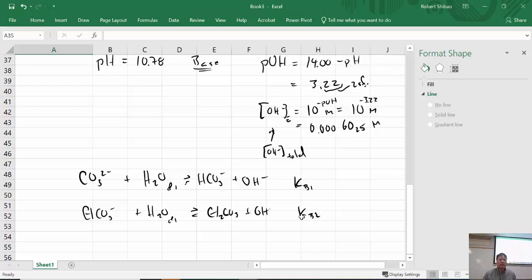And finally, water can also contribute hydroxides, which will be Kw.